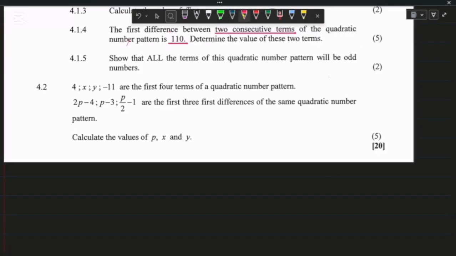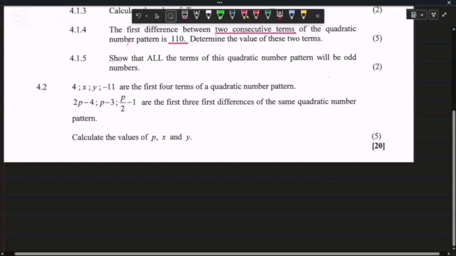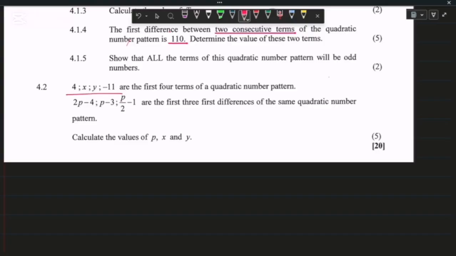It gives us a pattern: 4, x, y, negative 11 are the first four terms of a quadratic number pattern. And then 2p minus 4, p minus 3, and p over 2 minus 1 are the first differences of the same number pattern.